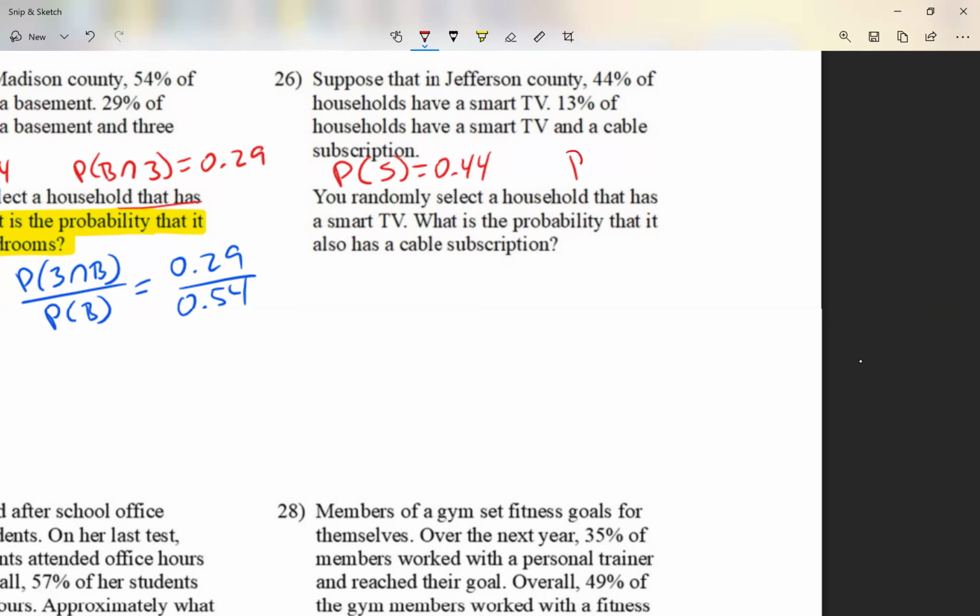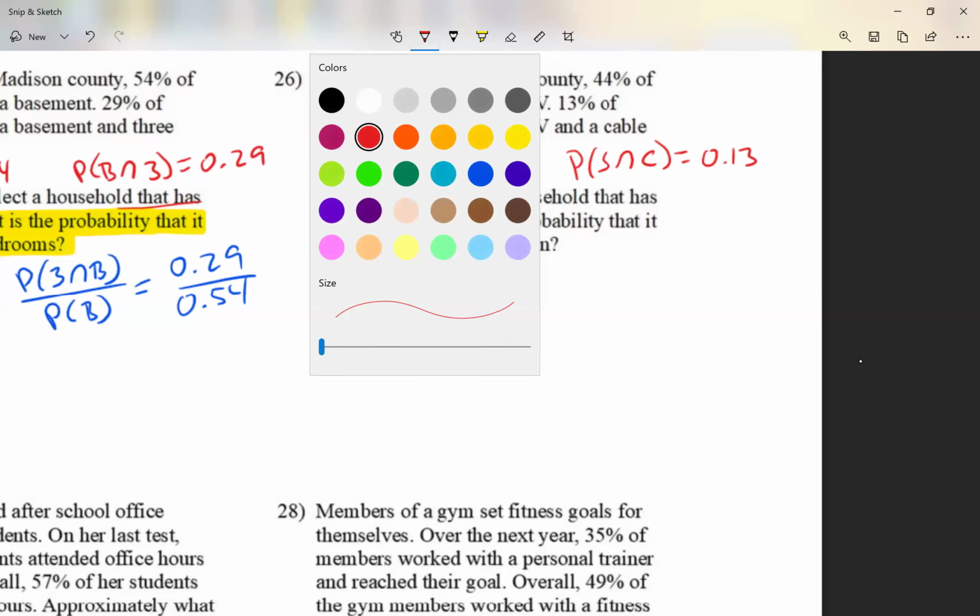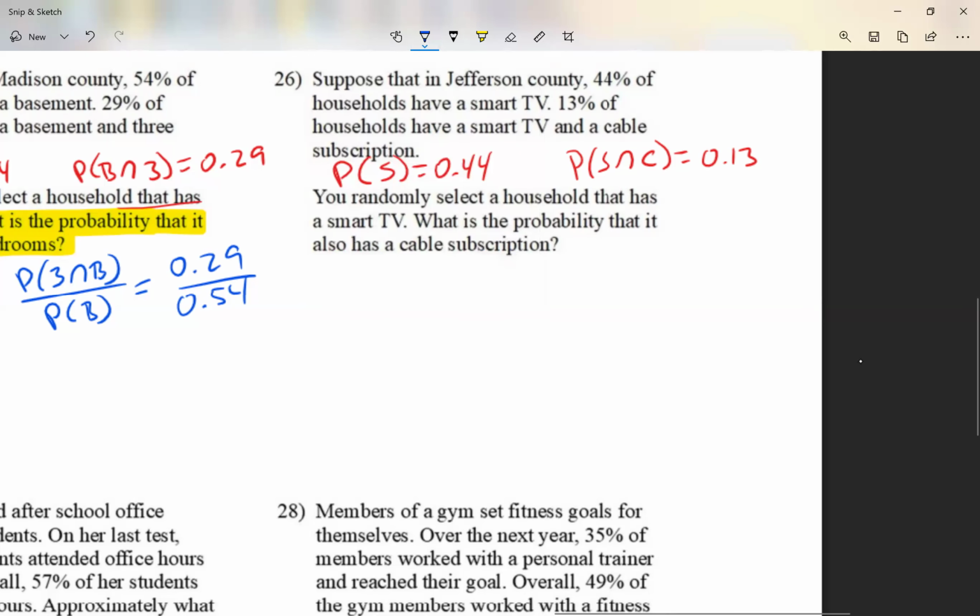So the probability of a smart TV and cable subscription is 0.13. Now, you randomly select a household that has a smart TV. So given that it has a smart TV, what is the probability that it also has a cable subscription?